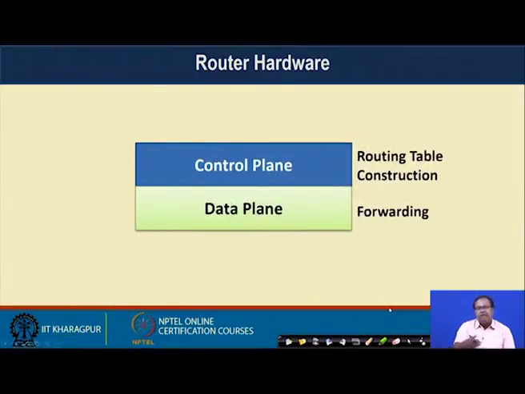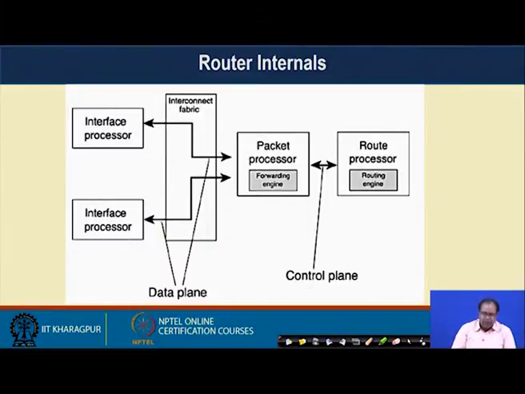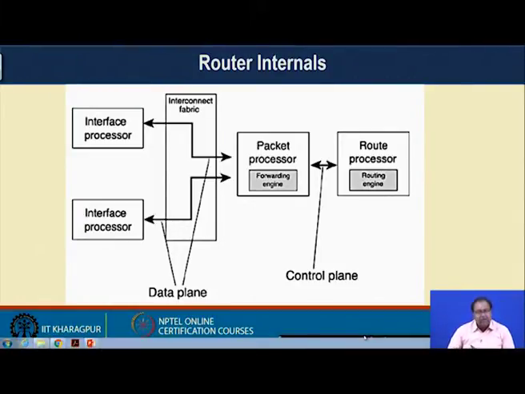So, that way we are dividing the entire routing functionality into the data plane and the control plane. The control plane is implemented as a part of the software, which is responsible for the routing table construction, and the data plane is implemented in the hardware, which is responsible for implementing the forwarding engine. So, this is a kind of structural component showing the mapping between the original hardware and your control plane. You have these interface processors which are connected to a packet processor.